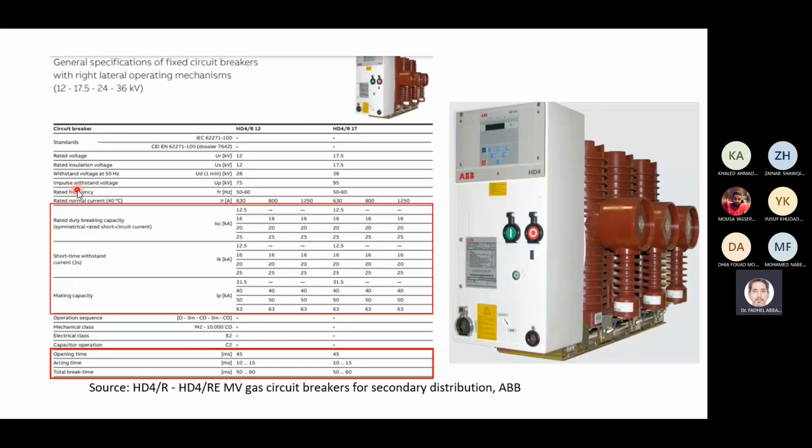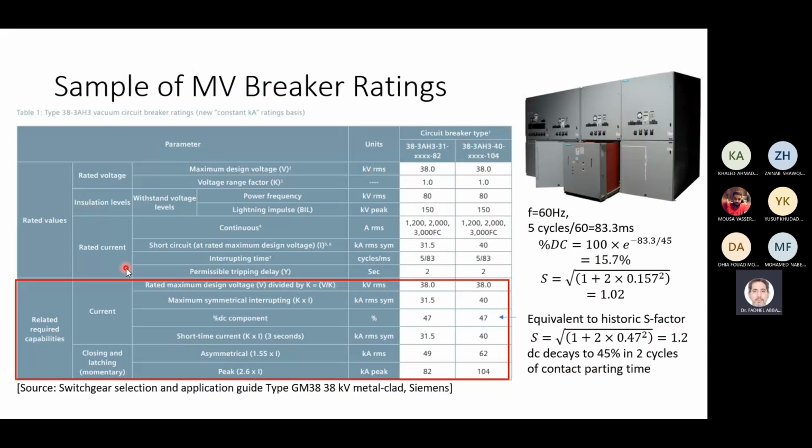According to the IEC standards, they specified it as the symmetrical interrupting current, which is like this.